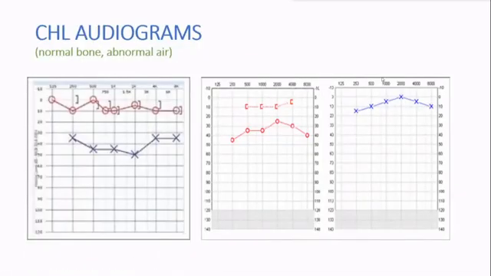So this is how conductive hearing loss will look on an audiogram. Round red is for the right ear, blue X is for the left ear. Okay. So the round and X correlate to your air conduction.